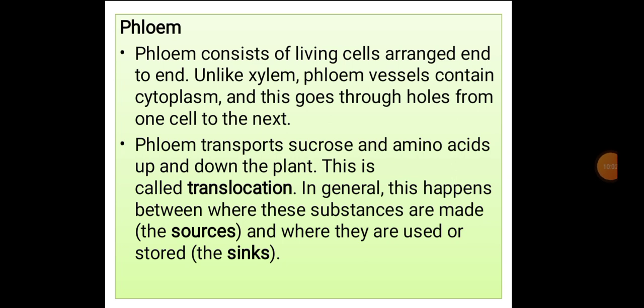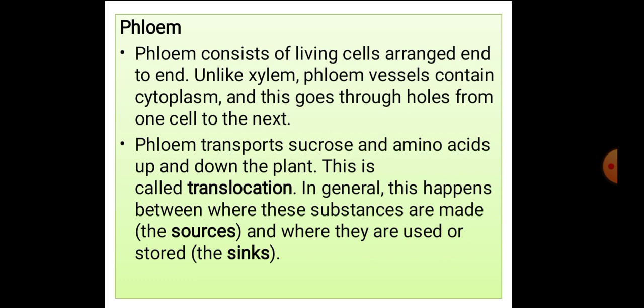Now, phloem transports food materials usually from leaves to other parts of the plant. Phloem in angiosperms is composed of sieve tube elements, companion cells, phloem parenchyma, and phloem fibers.